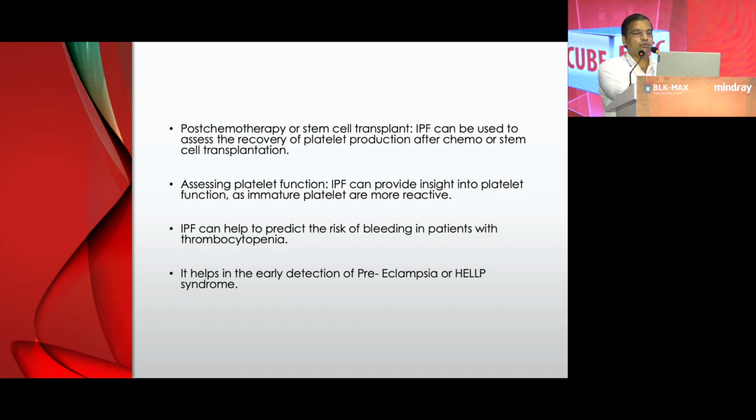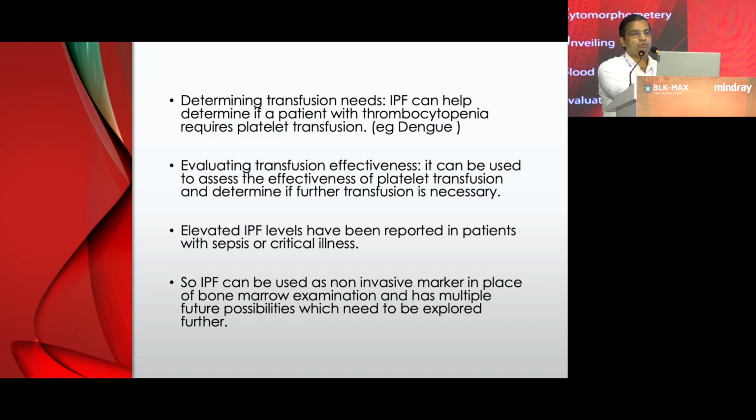It can be used to predict the bleeding in patients with thrombocytopenia. It is an early detection of preeclampsia or HELLP syndrome. It can be used to determine whether the thrombocytopenia requires a platelet transfusion or not. It can again be used to evaluate the transfusion effectiveness and in sepsis and critical illness patients also.